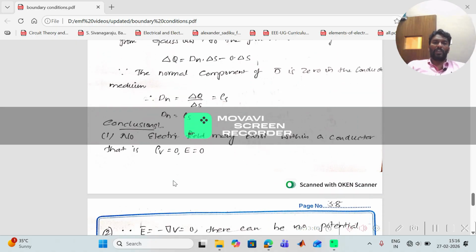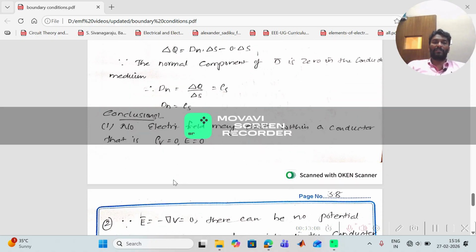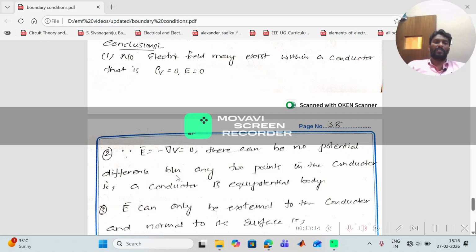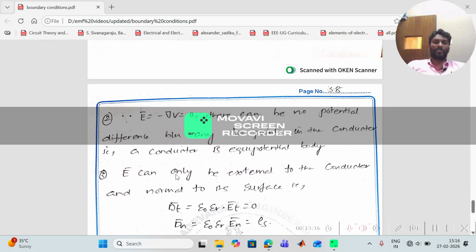So we can conclude that no electric field may exist within a conductor, that is rho v is equal to 0. Ultimately, E bar value is also going to become 0. Since E bar is equal to 0, from the relation E bar is equal to minus del V, we can say there is no potential difference between any two points in the conductor, that is, a conductor is nothing but an equipotential body, an equipotential surface.